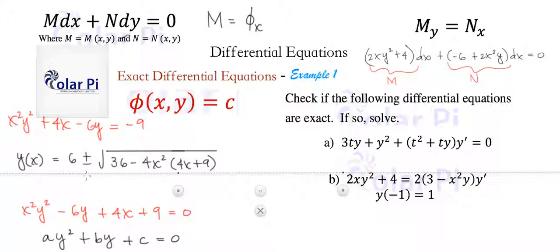And then all of this is divided by 2a, which is 2x squared.